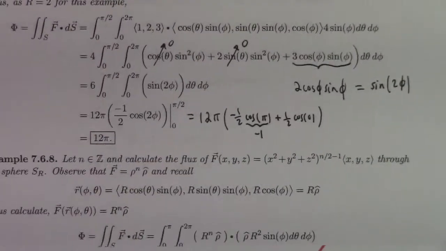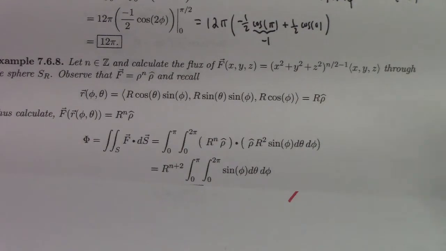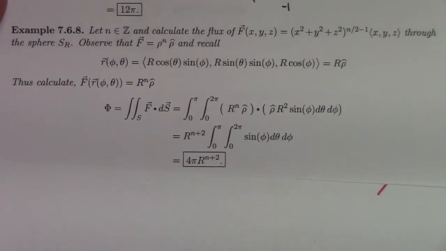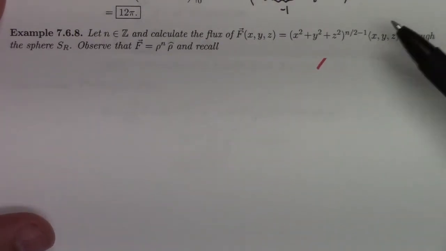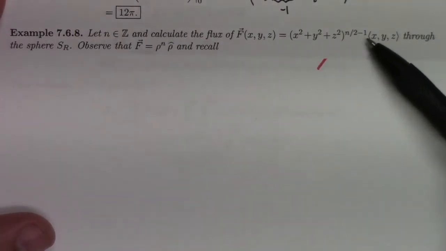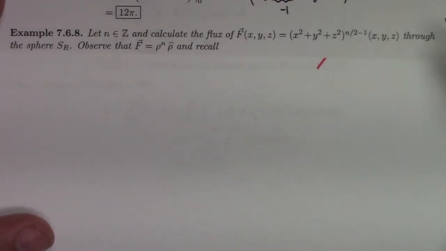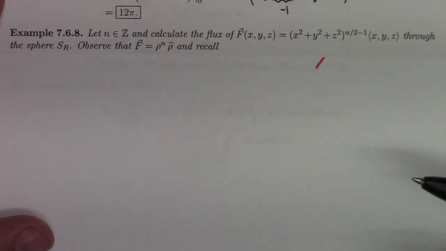All right. Next example, calculate the flux of this vector field, x squared plus y squared plus z squared to the n over 2 minus 1 power, x, y, z. Let's see here.